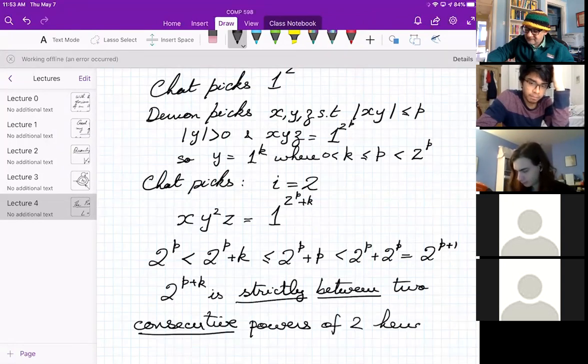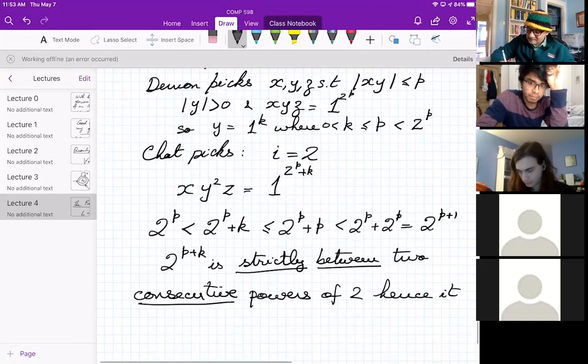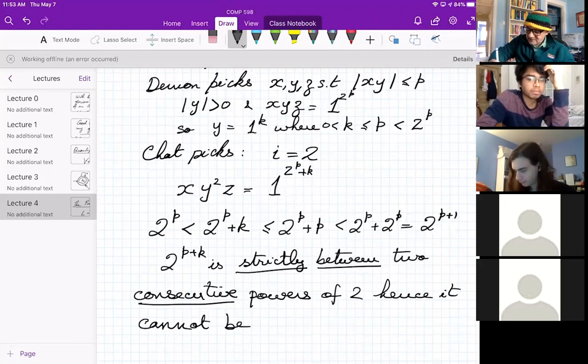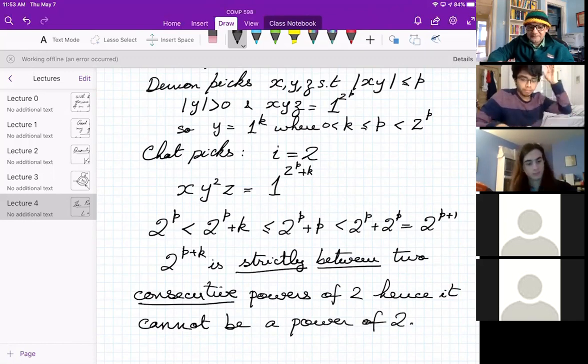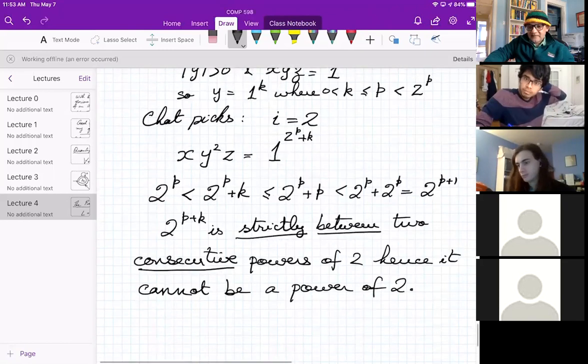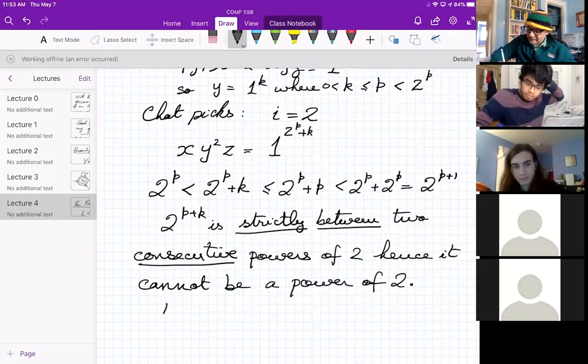Hence, it cannot be a power of 2. Okay, so L is not regular.